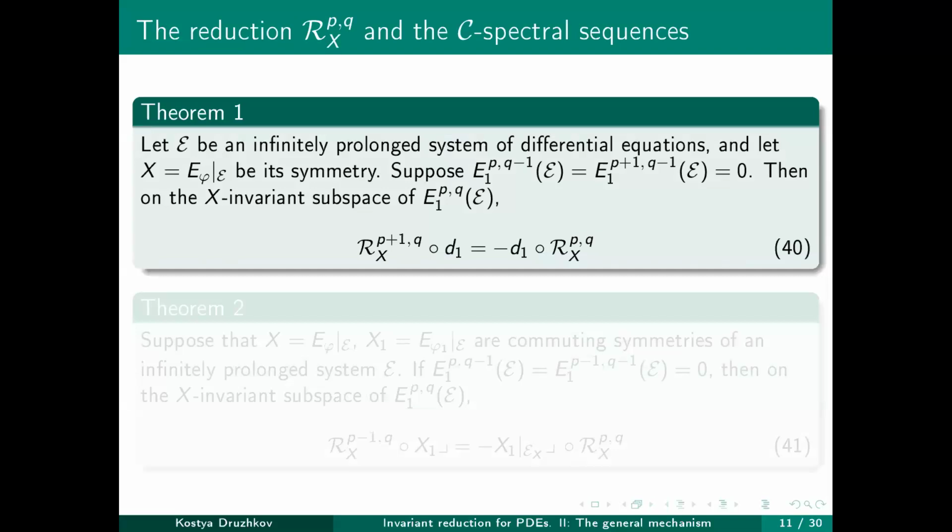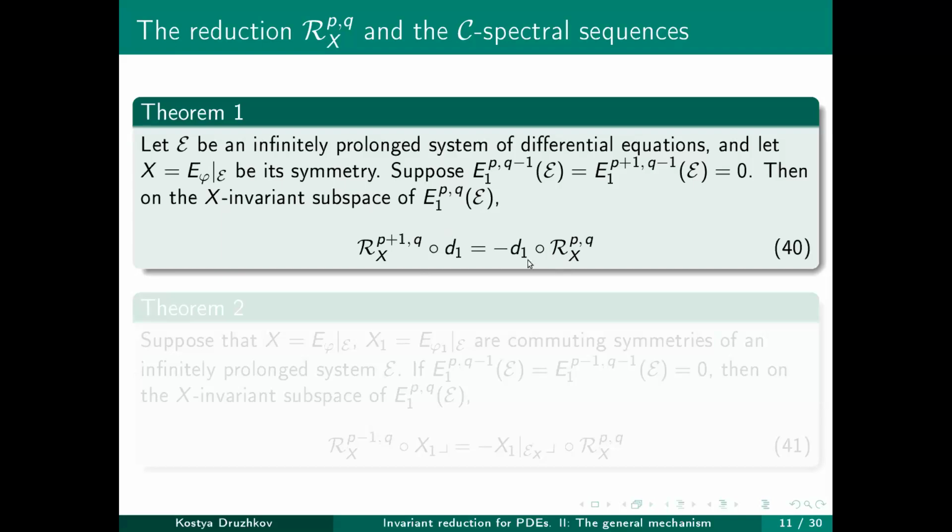But now let me discuss some theorems that relate the Vinogradov spectral sequence of the original system and of the reduction to the invariant subsystem. Theorem 1: let epsilon be an infinitely prolonged system of differential equations and let X be its evolutionary symmetry. Suppose that we have this situation when these groups are trivial, then on the X invariant subspace of this group, not on the entire group, we have this formula.